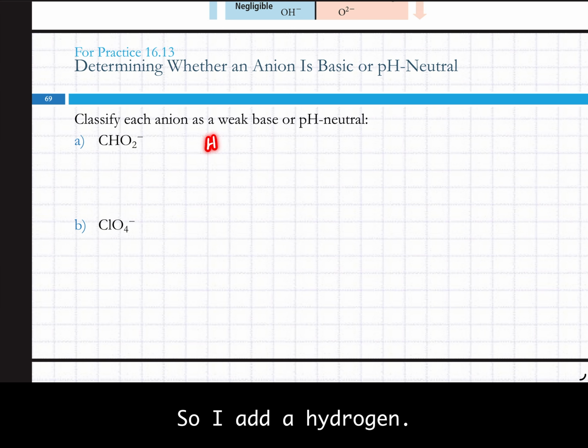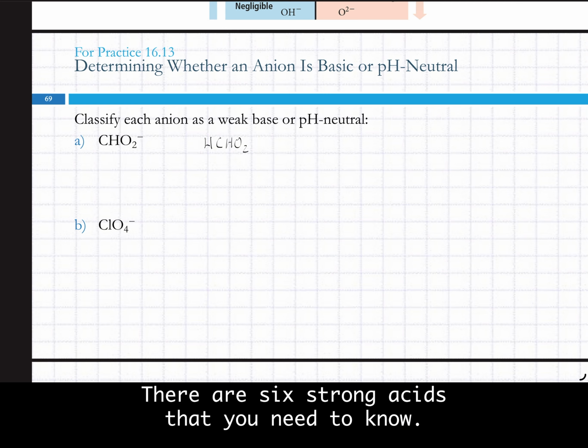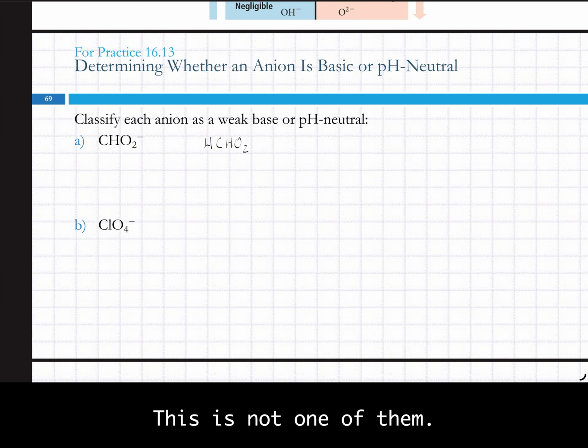So I add a hydrogen. HCHO2. Is that a strong acid? There are 6 strong acids that you need to know. This is not one of them. That means it's a weak acid. What does that make CHO2 minus? A weak base.